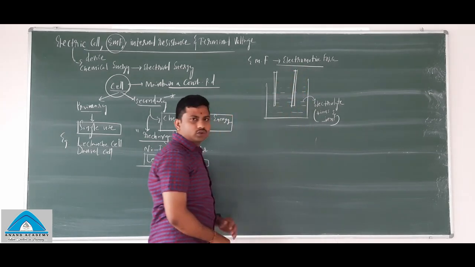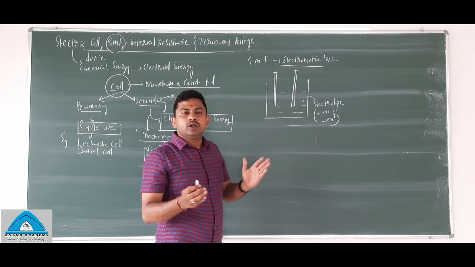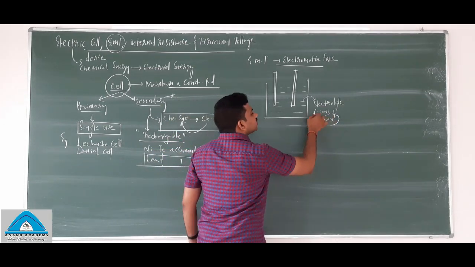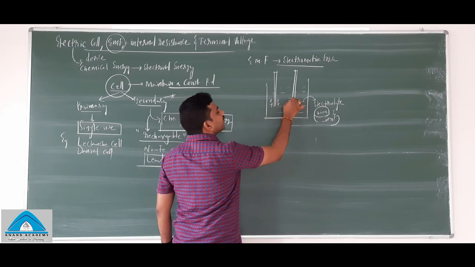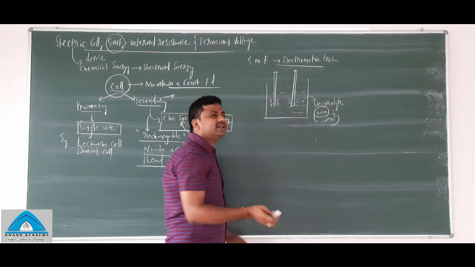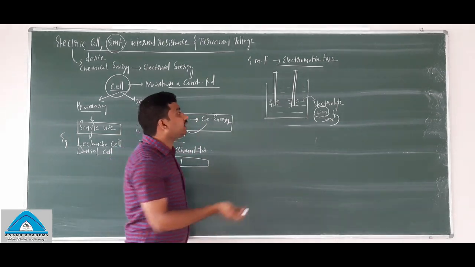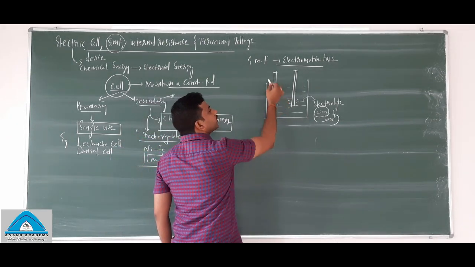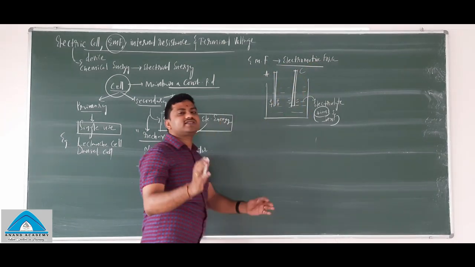Now, when you keep an electrode here, all the positive ions will reach one electrode and negative ions will reach the other electrode, depending on their nature. So this electrode is called the anode, and this electrode is called the cathode.